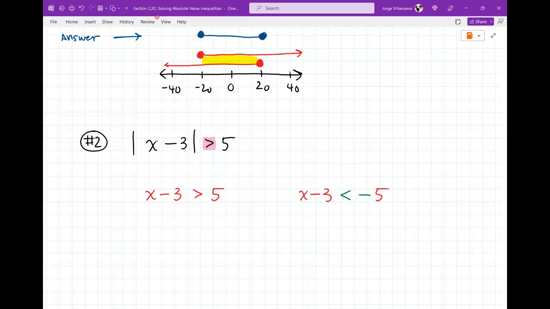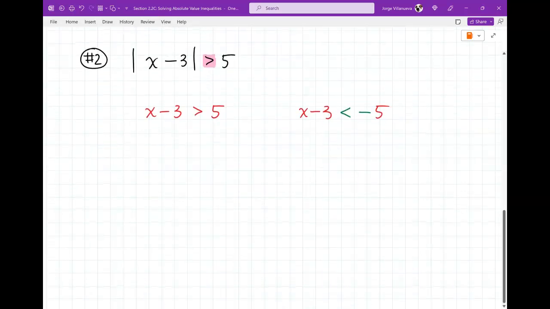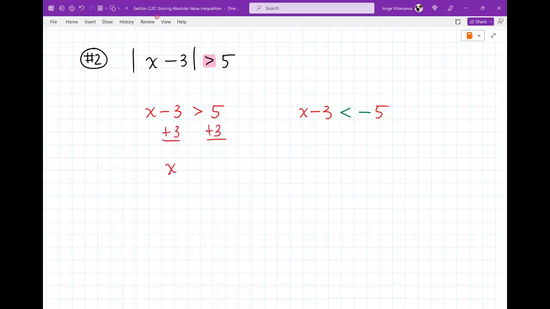Now solve both. Again, this next part should not be hard. This is algebra 1 stuff right here. So we're going to add 3 to both sides. So x is greater than 8. And we'll do the same on the other side. We'll add 3 to both sides. X is less than -2. So I'm done.